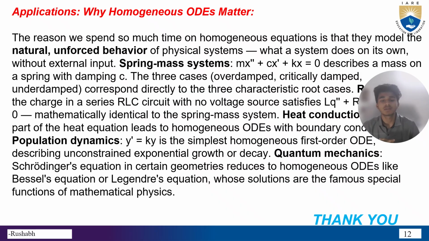Population dynamics. y' = ky is the simplest homogeneous first order ODE, describing unconstrained exponential growth or decay. Quantum mechanics. The Schrödinger equation in certain geometries reduces to homogeneous ODEs like Bessel's equation or Legendre's equation, whose solutions are famous special functions of mathematical physics.